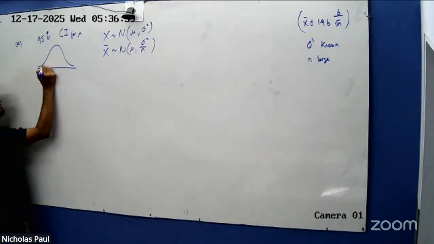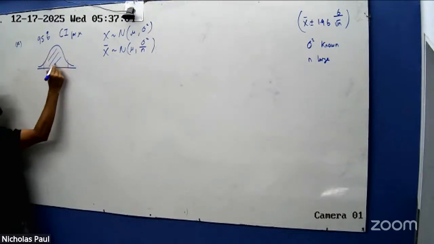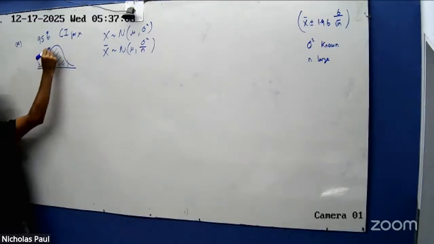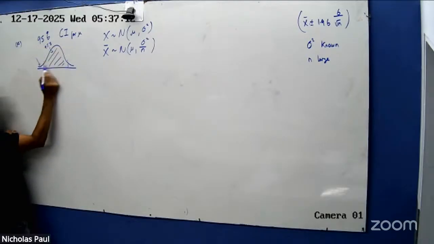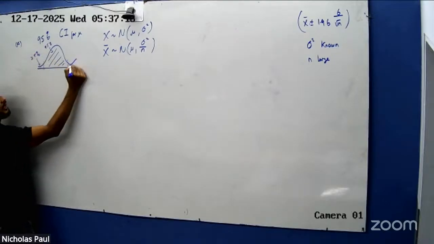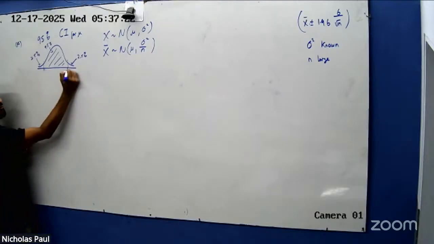So here we have to be 95% sure, which is here. Here is 95%, so we have 5% to divide up here. So here will be 2.5%, and here will be 2.5%. I am interested in getting these values here.